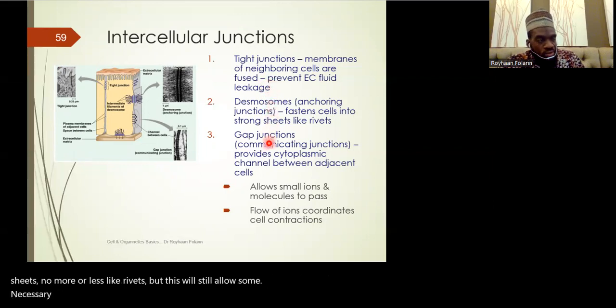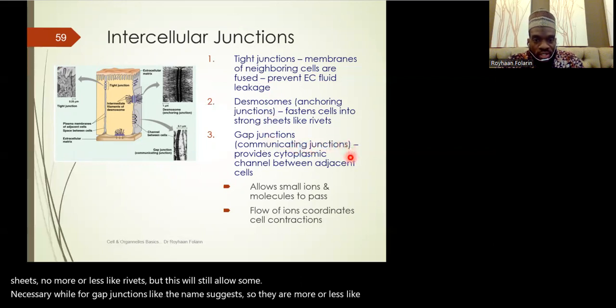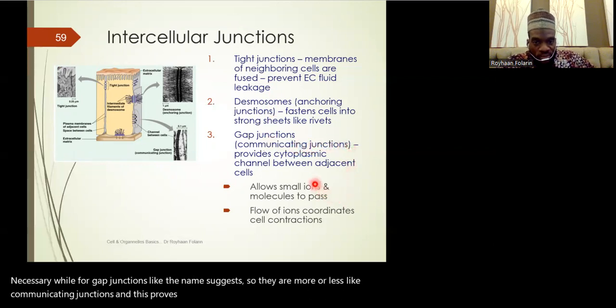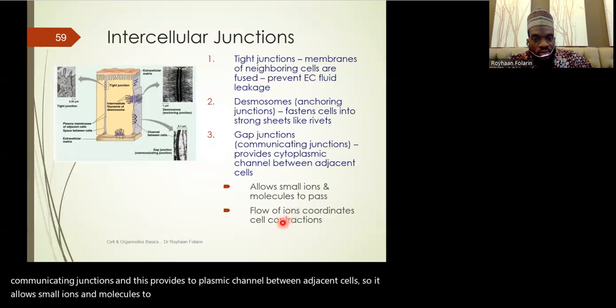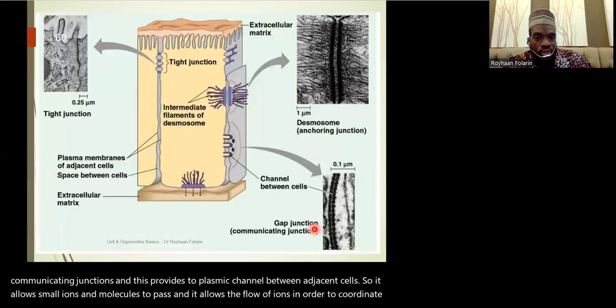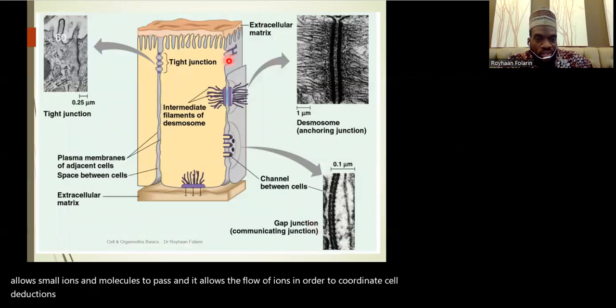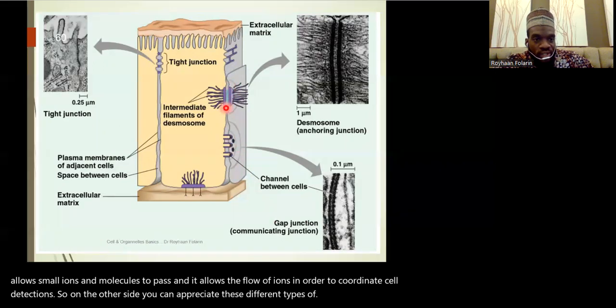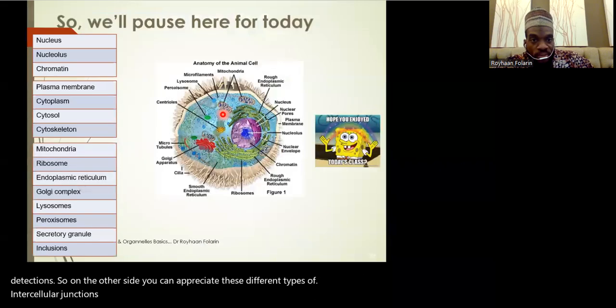While for gap junctions, like the name suggests, they are more or less like communicating junctions, and this provides a cytoplasmic channel between adjacent cells. So it allows small ions and molecules to pass, and it allows the flow of ions in order to coordinate cell functions. So on this slide, you can appreciate these different types of intercellular junctions within the animal cell.